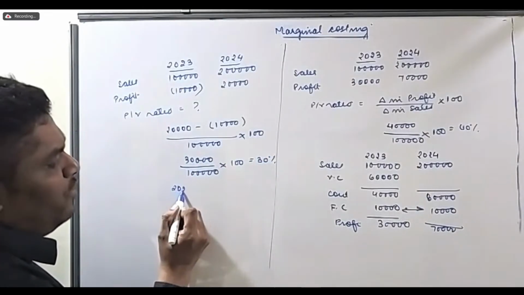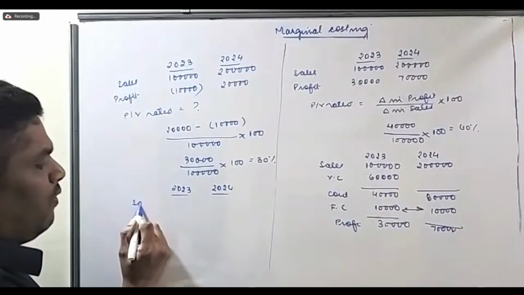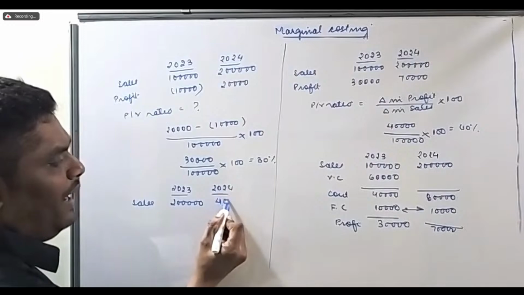One more question for you guys. Let's say my sales is 2 lakh and 4 lakh.